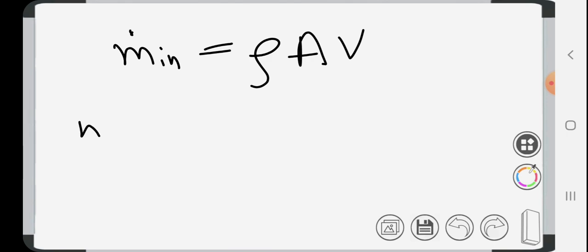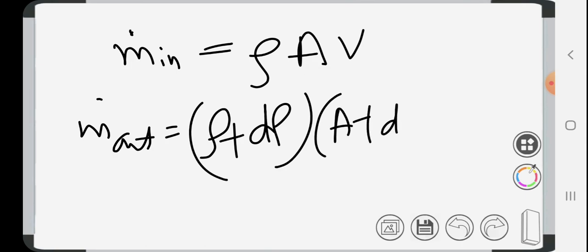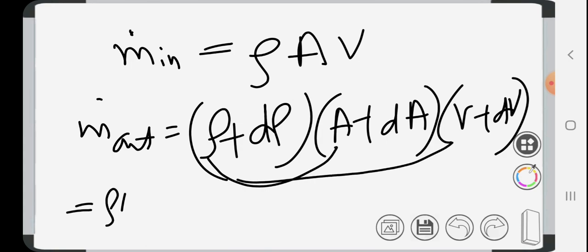Then what will be m dot out? M dot out will be the density at the exit, rho plus d rho, times A plus dA, times v plus dv, right? So you have to multiply all these things.